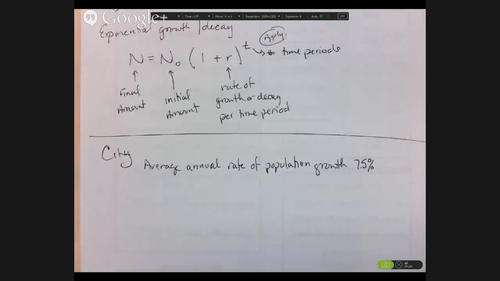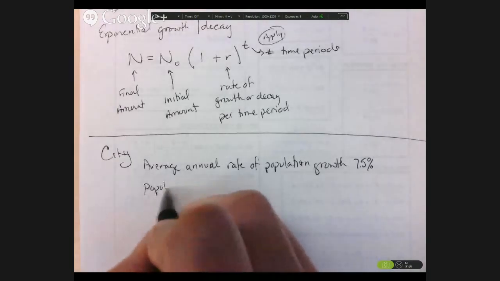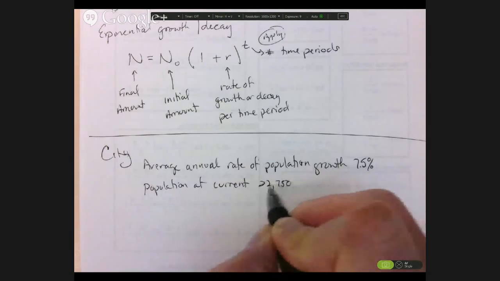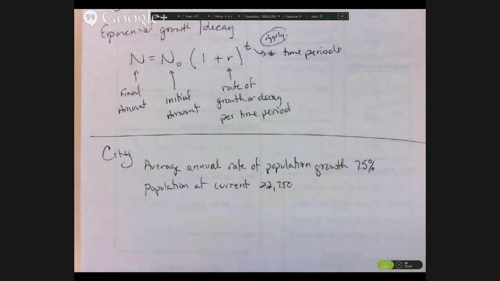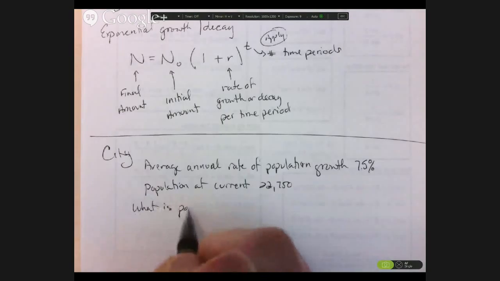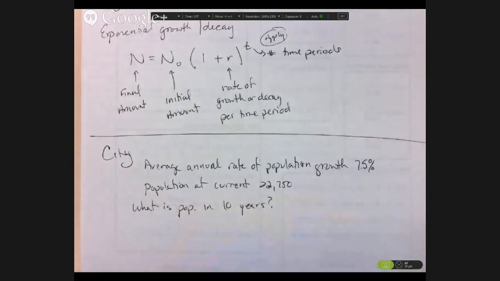Maybe Denver at this time. The place has exploded. Let's say the population right now is 22,750. What's the population in 10 years?